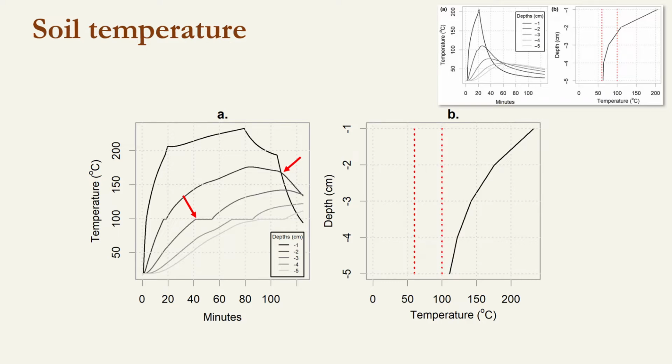Temperatures above 100 degrees, which is the full depth that we've modelled here, are too high for seeds, and seeds in those depths down to 5 centimetres will probably be killed. Temperatures below 100 degrees but above 60 degrees are generally the right range of temperature to break the physical dormancy of those seeds.